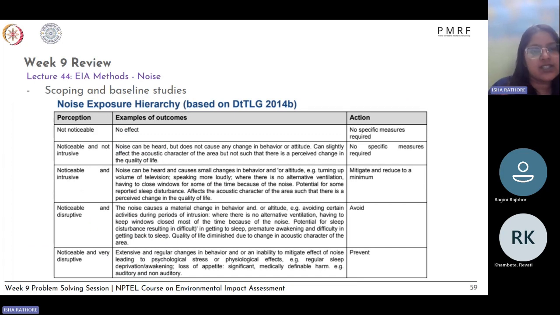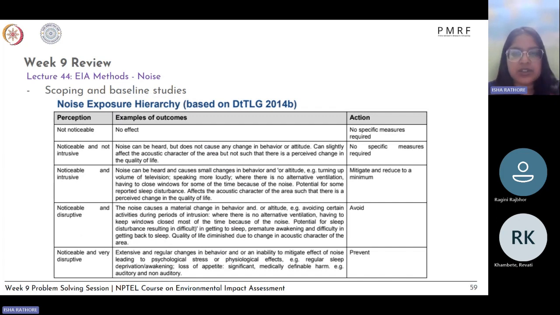Then we have different perception scales, the noise exposure hierarchy. So we have different perceptions of how we perceive noise and what outcomes and actions are advised in certain situations. If you have a not noticeable noise, it basically has no outcome. You don't notice it, it's like a white noise happening in the background, so there are no specific measures around it. But on the other extreme end, a noticeable and very disruptive noise, listening to it over a longer period can cause extensive and regular changes in behavior.